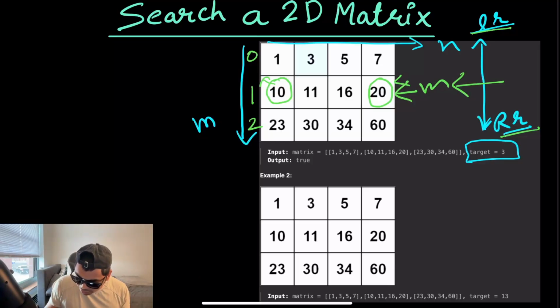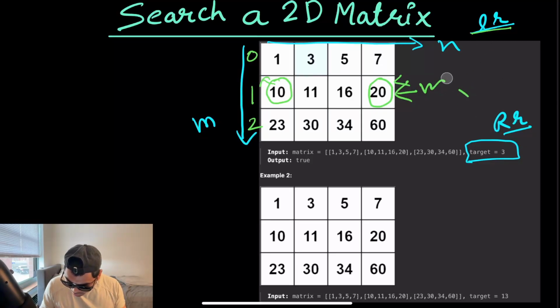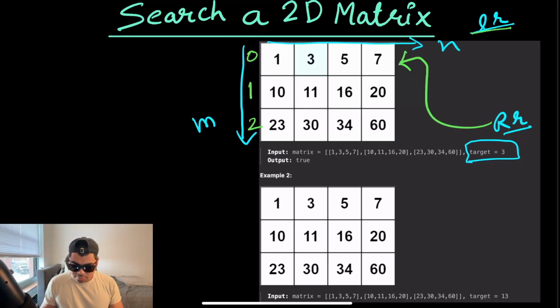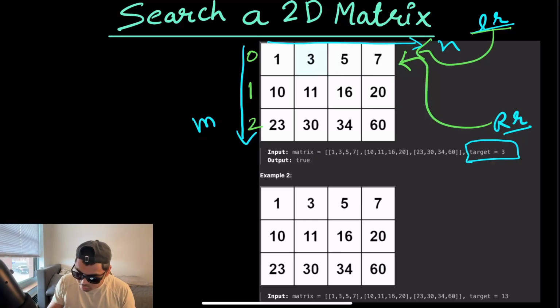Then I will move my right pointer to mid minus 1, which would be 0, and my right pointer still points to the first row.